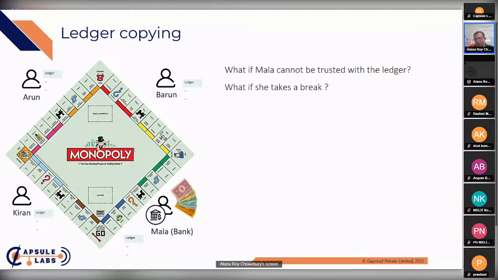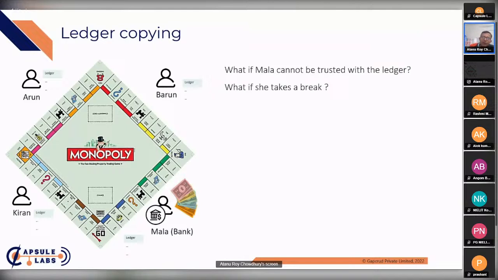So while a distributed ledger gives us a trivial solution in terms of saying that yes, we can have a more robust system, the problem now boils down to everybody agreeing that a transaction has happened, right?